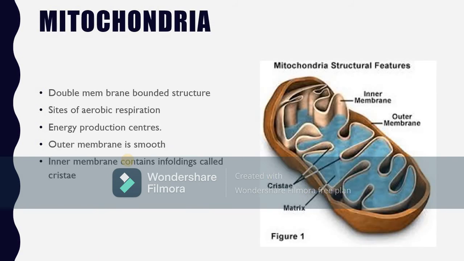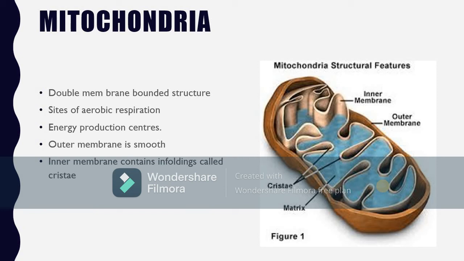The next organelle is the mitochondria. Mitochondria is called the powerhouse of the cell. It has a double membrane bounded structure, because you can see this is the outer membrane, which is smooth, while the inner membrane makes enfoldings. These enfoldings are called cristae.